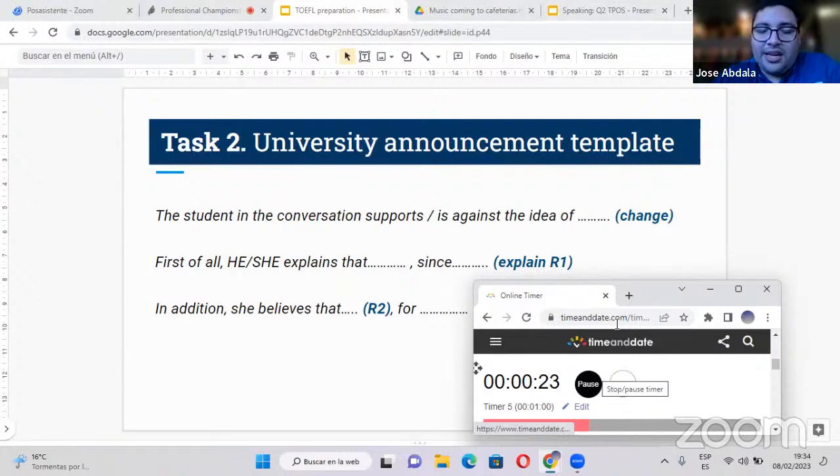In addition, she believes that the university will get a lot of benefits from the commercials for scholarships and other programs for the students. For this reason, she supports the idea.